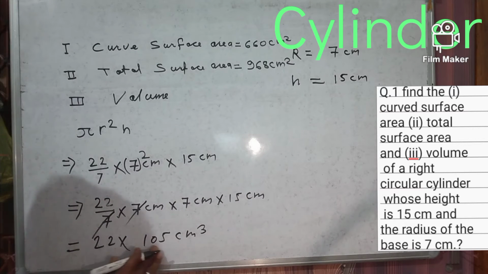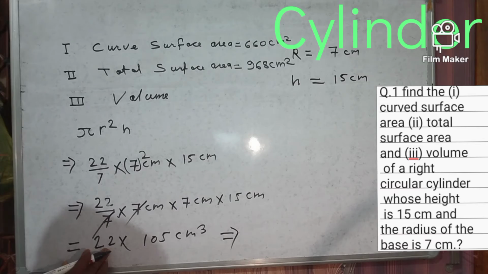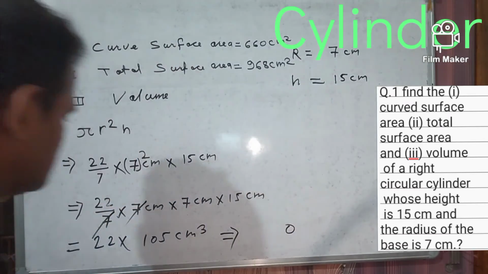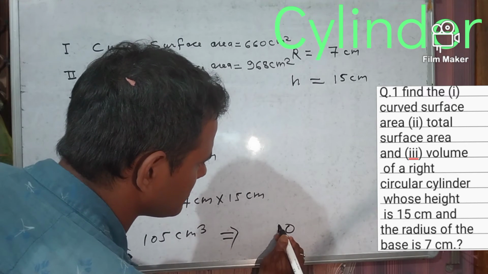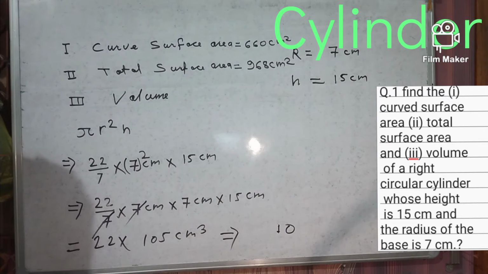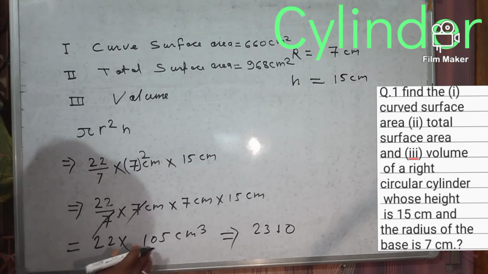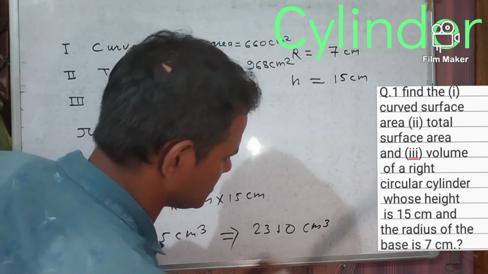So 105 into 22 will be, now see here, 22 into 5 will be 110, so 0, and 22 0, so it will be 11, okay, so it will be 1, and 22 1 is 22 and 1 is 23. So total volume is 2310 centimeter cube.